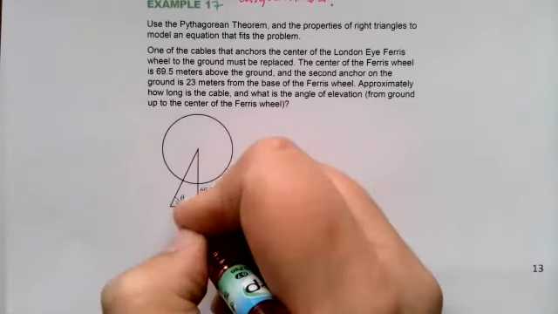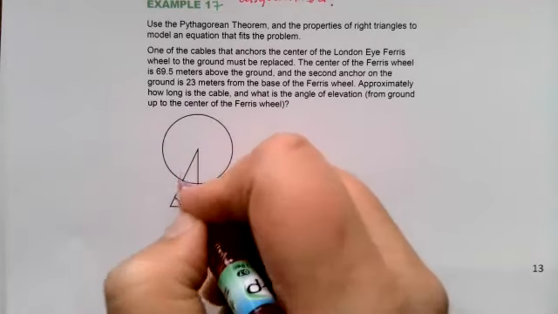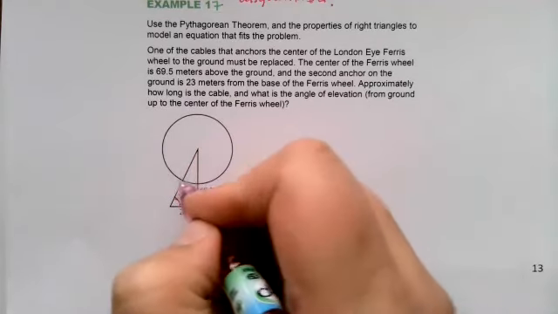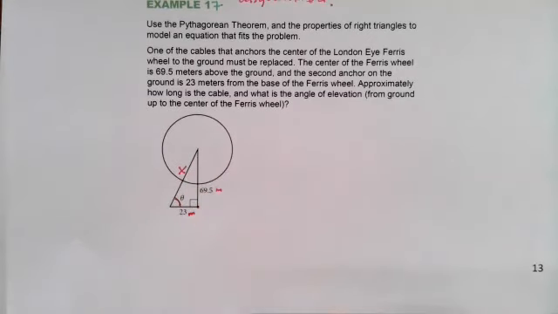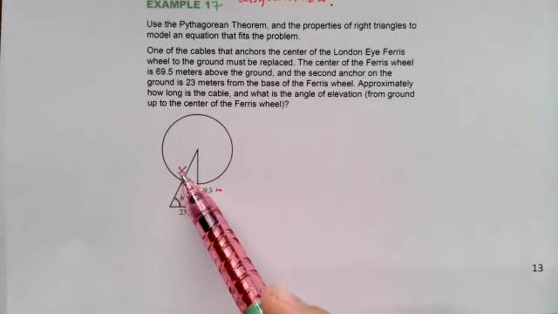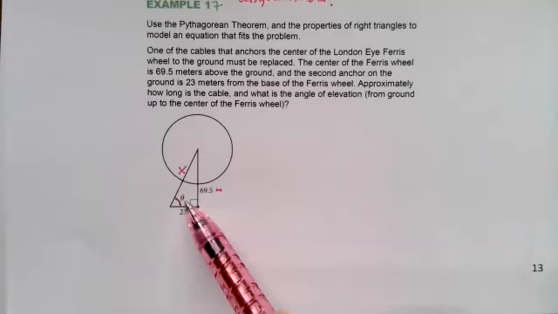And so we need to find theta, and they also want to know the length of the cable, so this side of the triangle. Well, we have two sides. We need to find a third side, and we need to find angle theta.